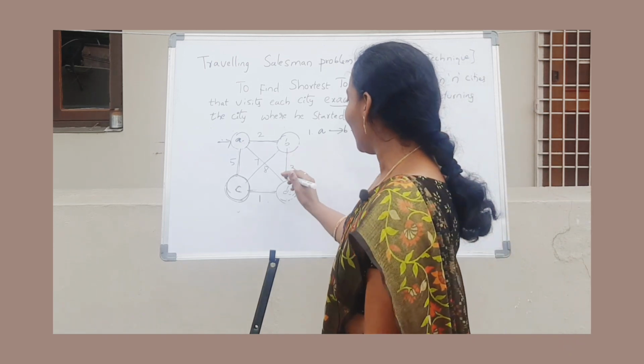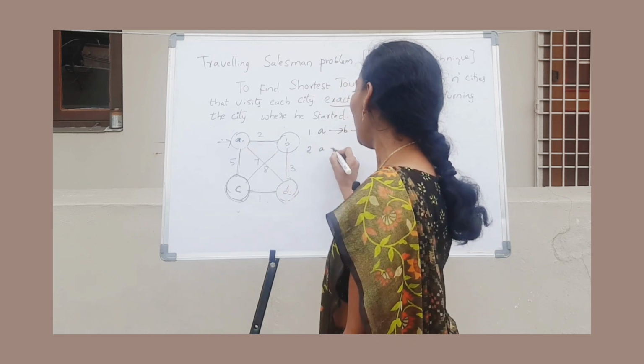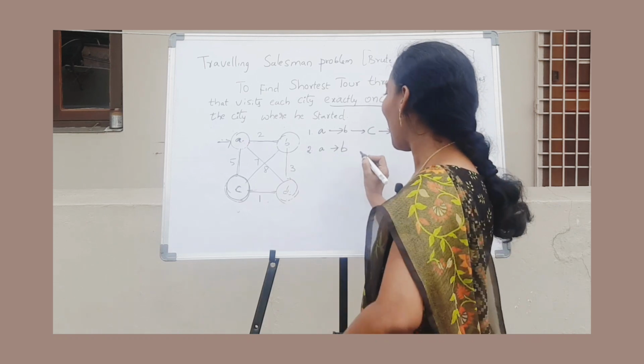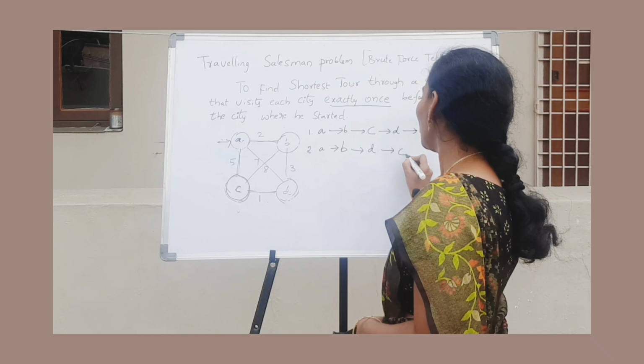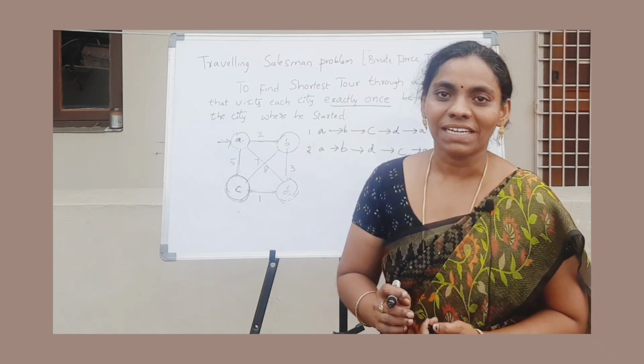Then consider the second alternative: he starts from city A, then visits city B, from there city D, and then C and A. So this is another possibility we have.